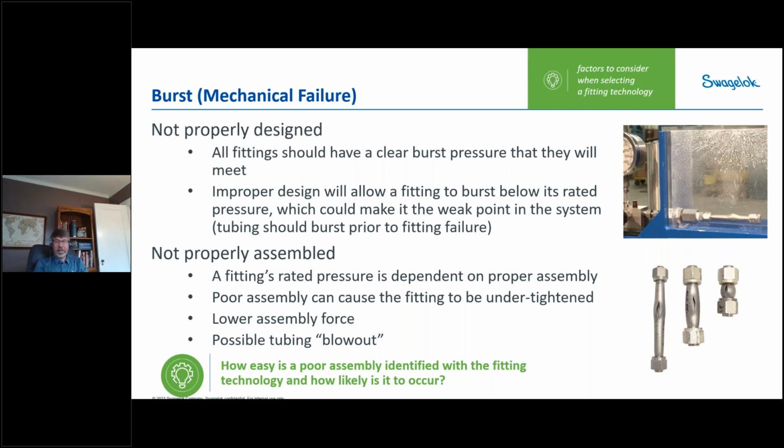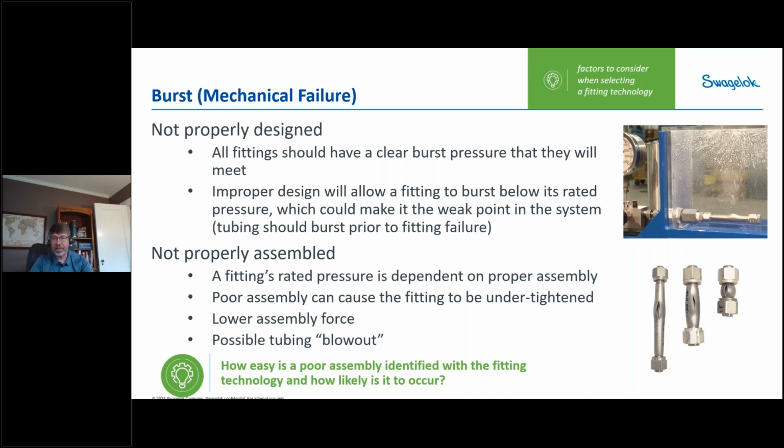But when creating a fitting makeup, when connecting a fitting, we want to determine if the fitting is made up properly, because a fitting rated to the tubing pressure, if improperly made, if improperly connected, can still fail at the fitting. And so we want to determine if that fitting technology is able to be determined if it's properly made up, because that way it's a safer environment.